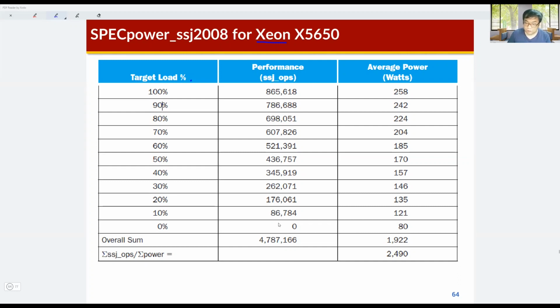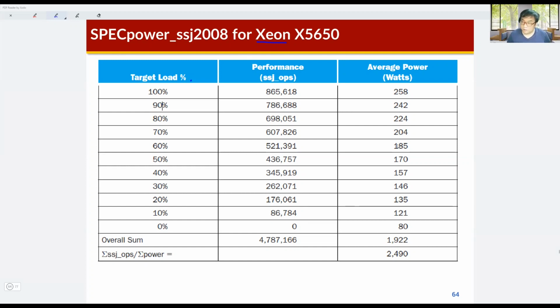As you can see, this percentage of target load is proportional to the performance of a server, because 0 is 0, 10% is 86K, and 20% is 176K. So performance is proportional to the target load, and that's obvious.